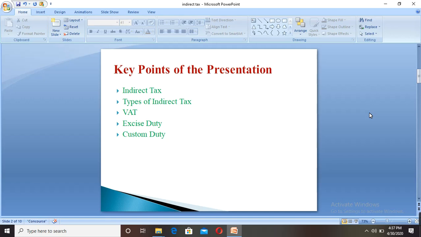VAT comes under it, excise duty and custom duty also come under it. I will shortly introduce those taxes in my class today.